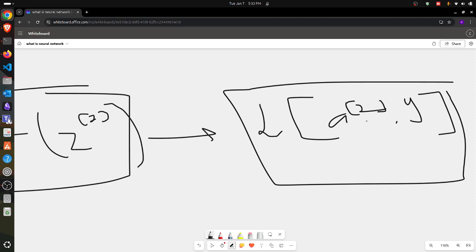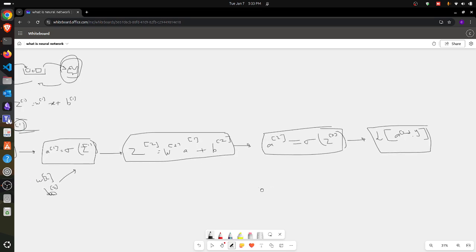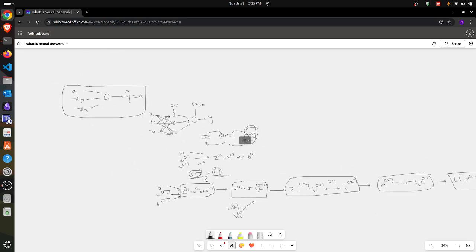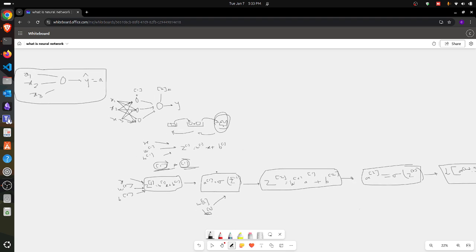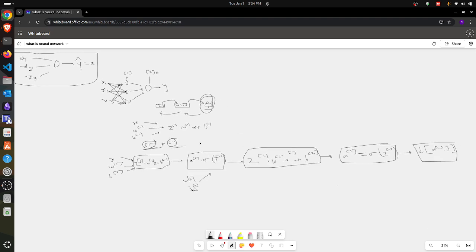I'll just make it easier to understand, I'll just get the whole thing on the screen. I hope it is visible and you guys can make sense out of it. So think of it like a bunch of calculators that do the same math problem over and over again. Each calculator or layer takes some information from the previous one and adds its own special calculation to get an answer.